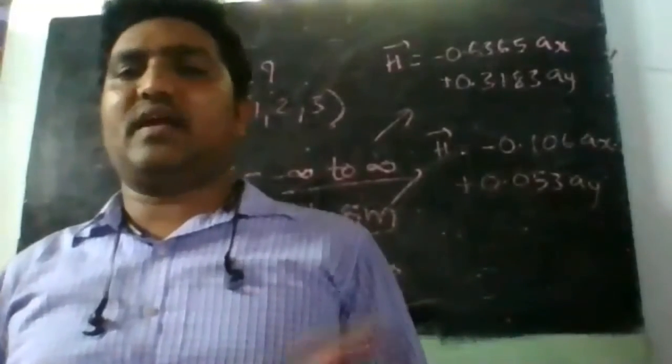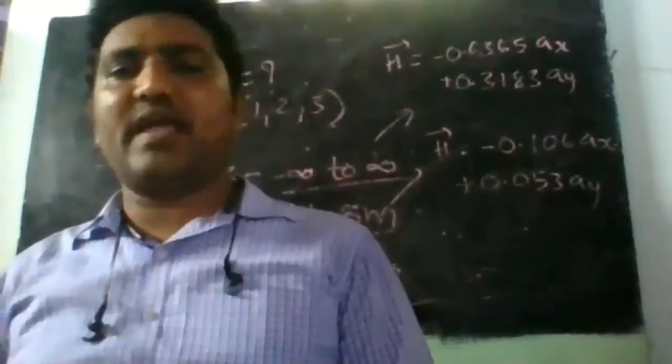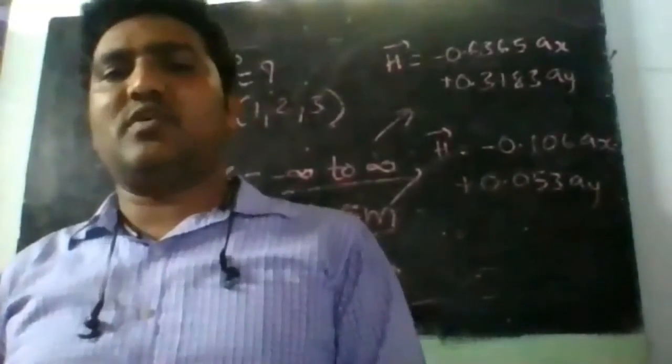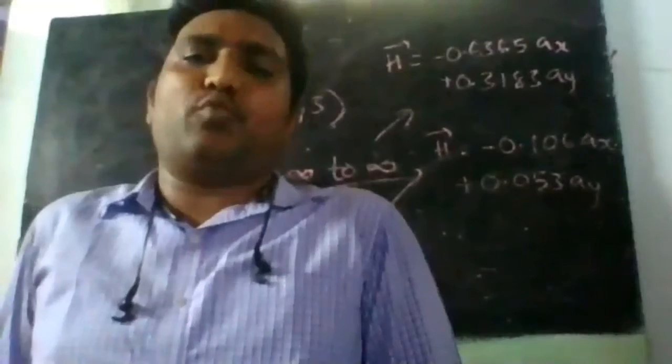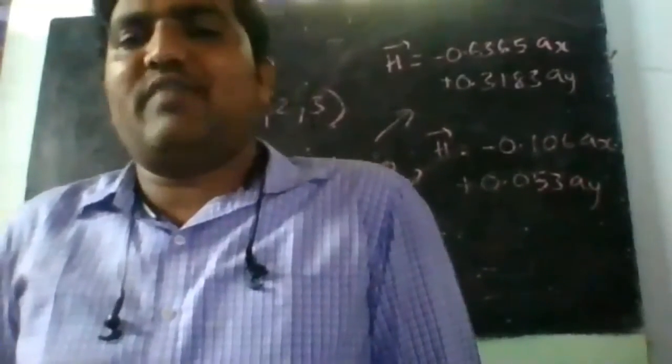So from that we get dH bar is directly proportional to I dl sin theta by r square. To remove proportionality, we introduce 1 by 4 pi. So dH is equal to I dl sin theta divided by 4 pi r square.